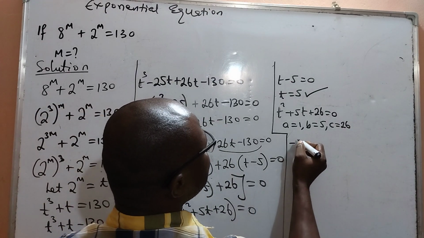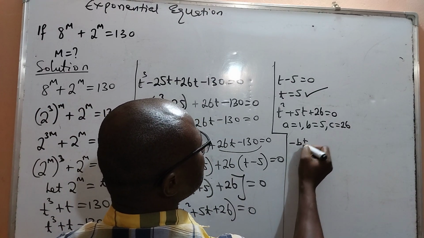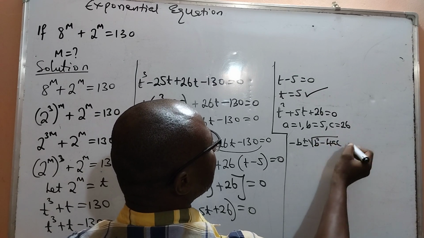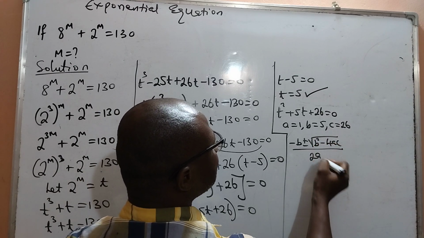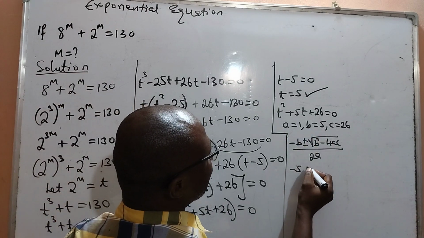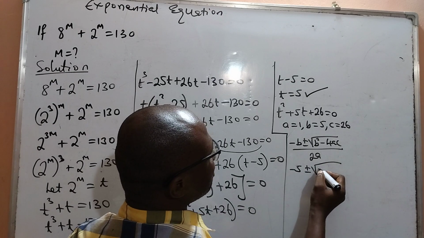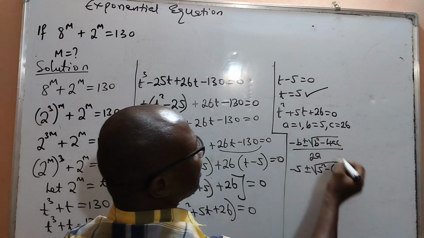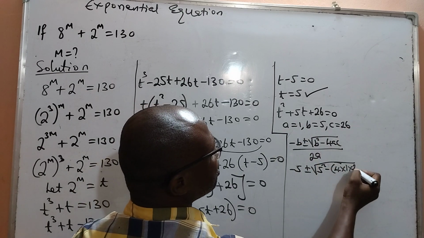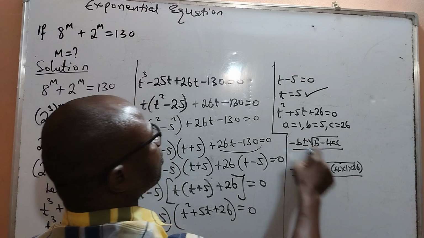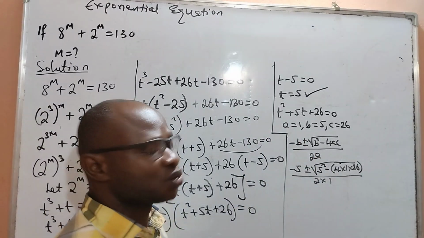Therefore, minus b plus or minus square root of b squared minus 4ac divided by 2a, where b is minus 5 plus or minus 5 squared minus 4 multiplied by a, which is 1, multiplied by c, which is 26. Everything divided by 2 multiplied by 1, which is 2 times a, and a is 1.